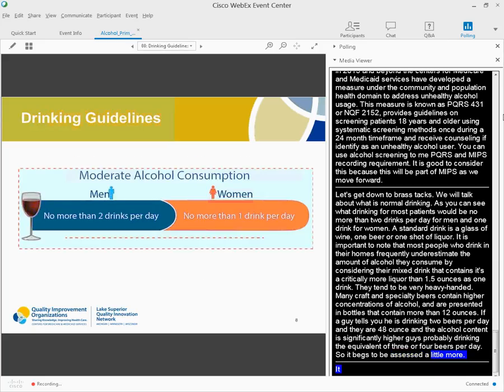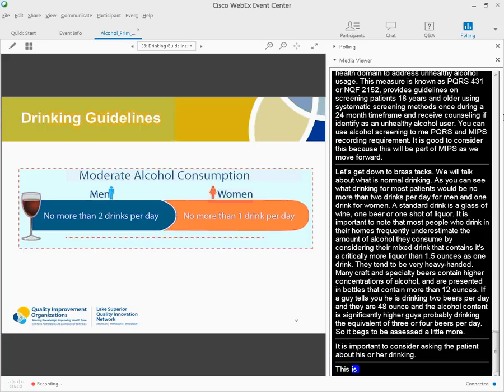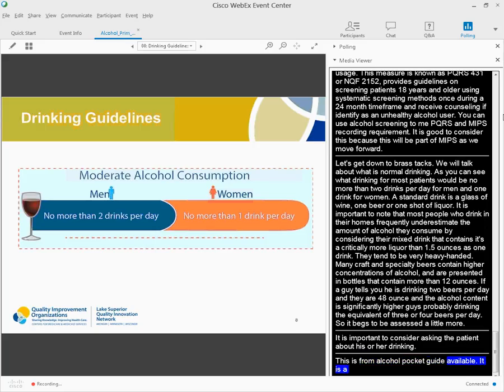This is from our alcohol pocket guide that is available. I can make that available to those of you who want a copy of it too. It's a laminated guide, and on one side of the guide are the drinking guidelines.